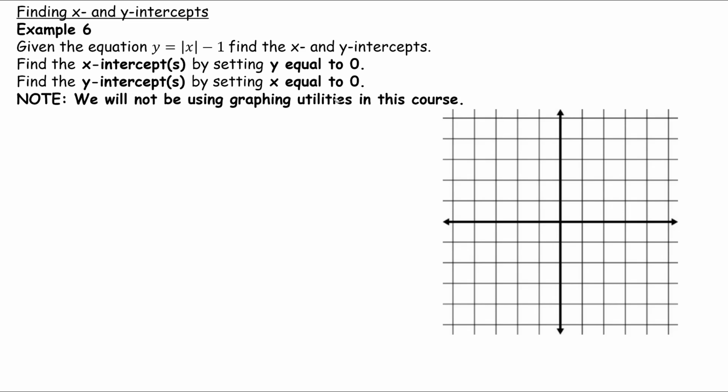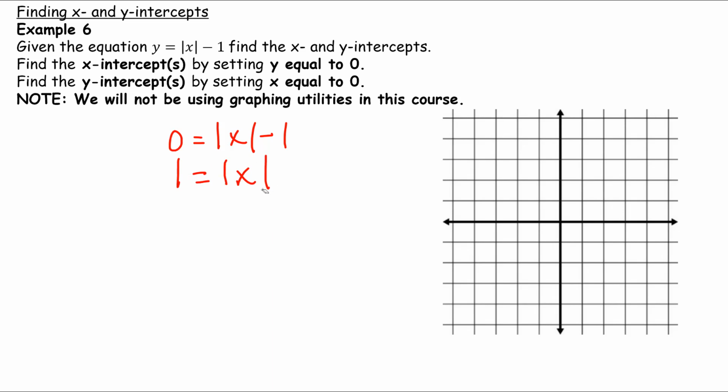And to find the x-intercepts, you're going to set y equal to 0. So we have this equation again, y equals the absolute value of x minus 1. If we set y equal to 0 and find out what x is, then that'll tell us the x-intercept or the x-intercepts. And so if we add 1 to both sides, we're going to have 1 equals the absolute value of x.